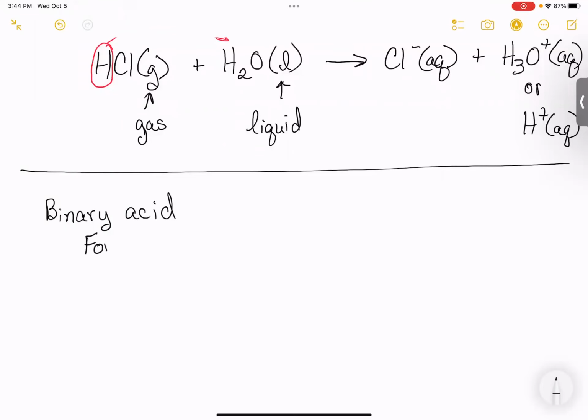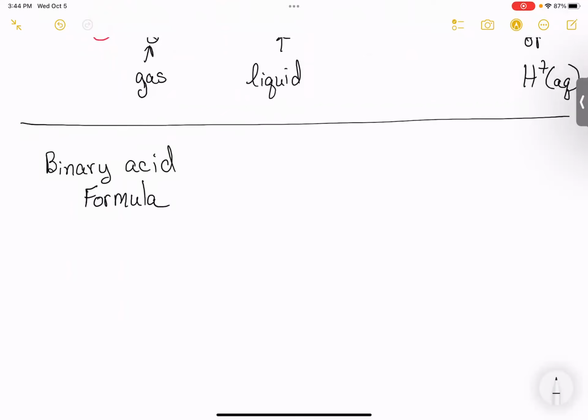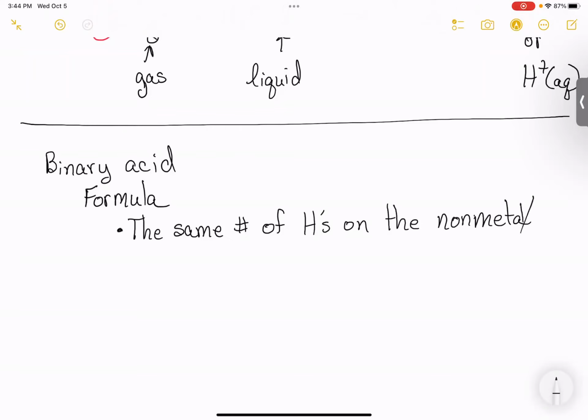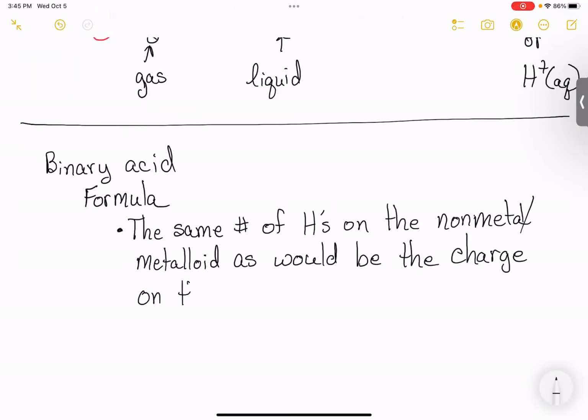And let's start with the formula. If you have a binary acid, the formula will have the same number of hydrogens on the nonmetal or metalloid as would be the charge on the nonmetal or metalloid if it were an ion.